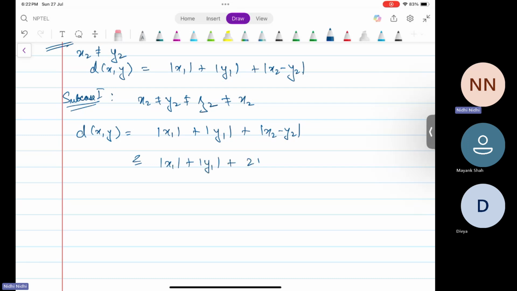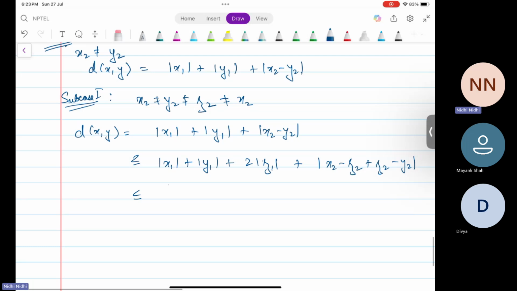I'll introduce 2 times mod z1 so that we get terms related to z1. And since mod z1 is positive, this will not affect. And again, here also I'll introduce plus z2 and minus z2. So again, by the triangle inequality, this is mod x1 plus z1. From here, we'll get mod x2 minus z2.